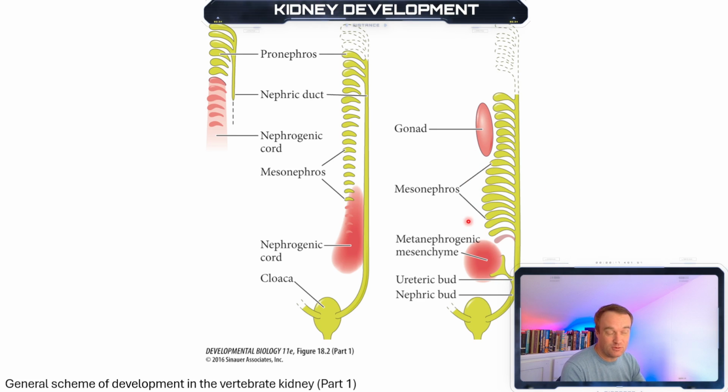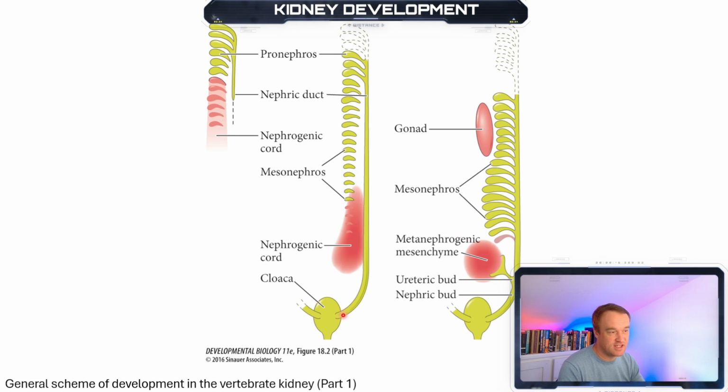And it is used very briefly in development, in the period between when this process starts and when the kidney is developed enough to be functional. The mesonephros does some of this filtration. And then finally we have the metanephros. So you see here this metanephrogenic mesenchyme. That is the final kidney system that develops into the permanent adult kidneys.